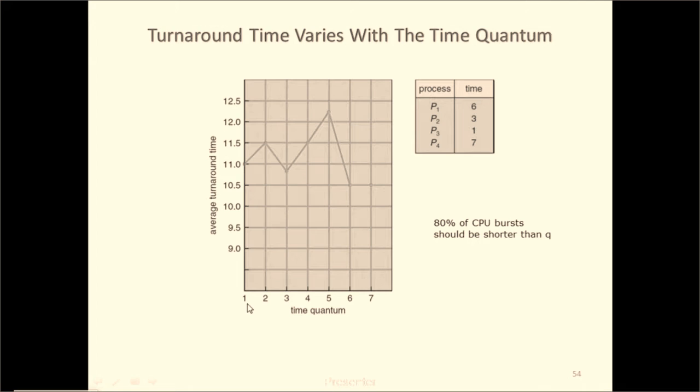Now all this you can do yourself. Presume time quantum 1, apply the round robin algorithm, find out how many total context switches there are, and map them. Do the same thing with 2, do the same thing with 3, and you will get these values yourself.